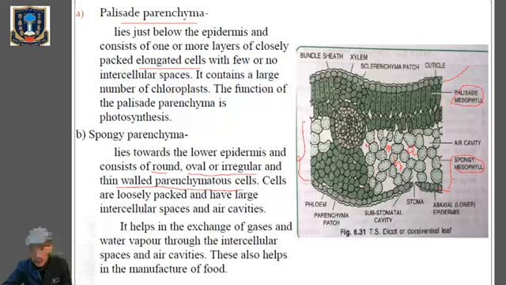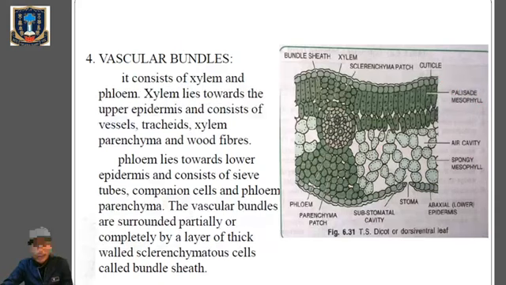Okay, now next one, vascular bundles. So the vascular bundle is mainly composed of xylem and phloem. You can see the presence of xylem and you can see the presence of phloem. So xylem and phloem constitute the vascular bundle. Xylem lies towards the upper epidermis, and it mainly consists of vessels, tracheids, xylem parenchyma and xylem fiber. Whereas phloem lies towards the lower epidermis.